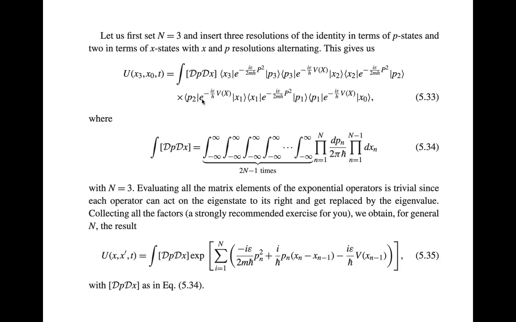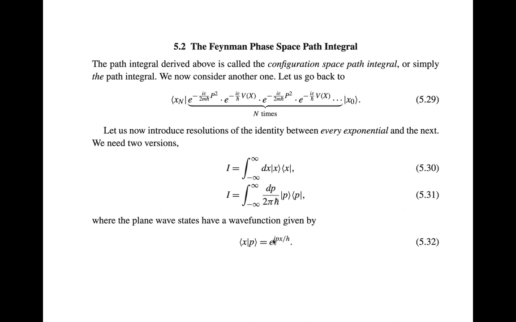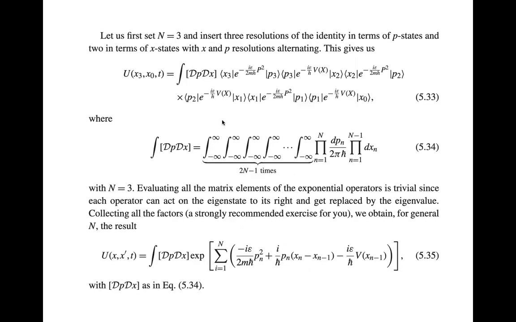You pull this out, this becomes p2 x1, and this is the exponential of minus i p2 times x1 divided by h bar, and you pull this thing out, this becomes the bracket <x1|p1>, the exponential of i x1 times p1 divided by h bar.